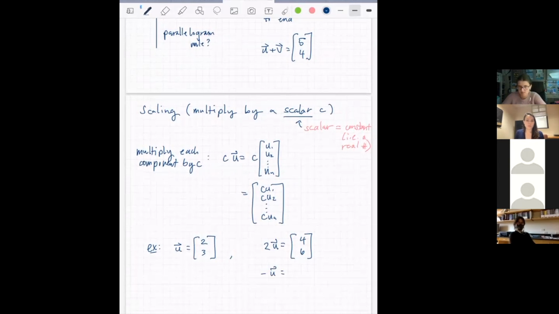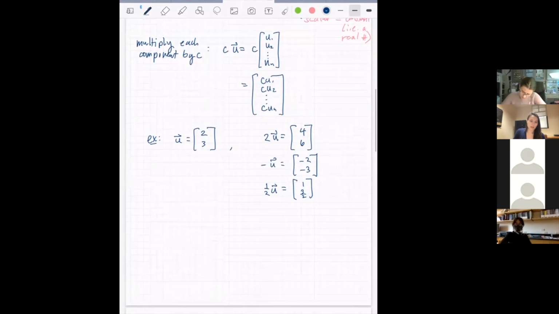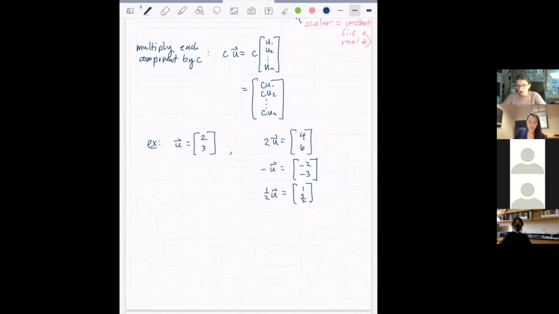In this case, we would just multiply each of the entries by -1. We would get -2, -3. We could also do 1/2 u, and that would give us 1 and 3/2, and so on. You can multiply by any real number, right?